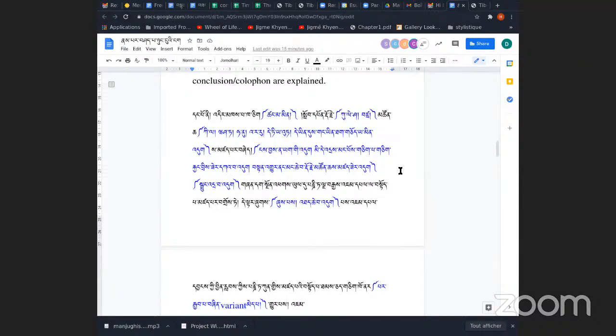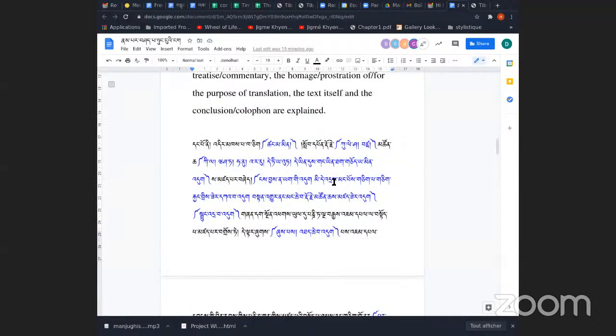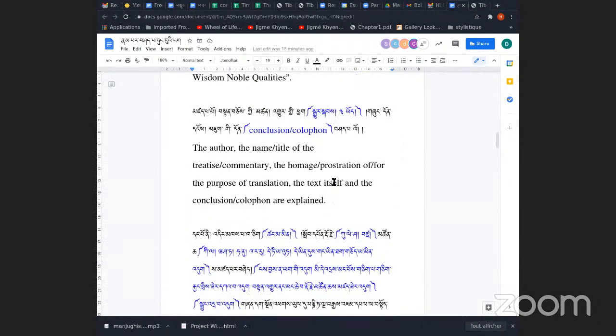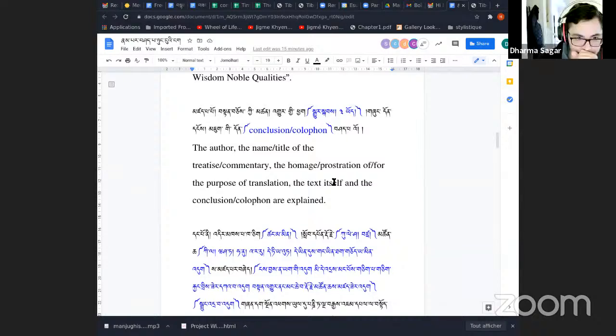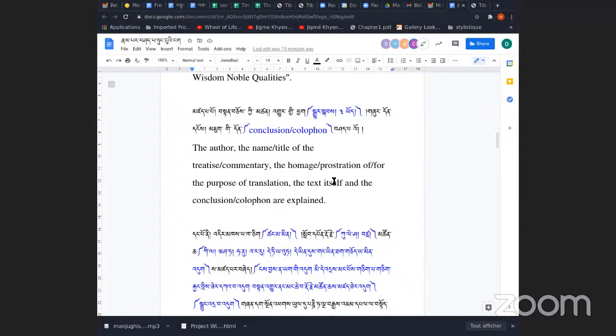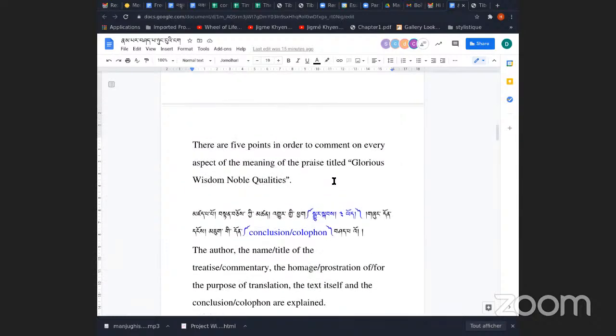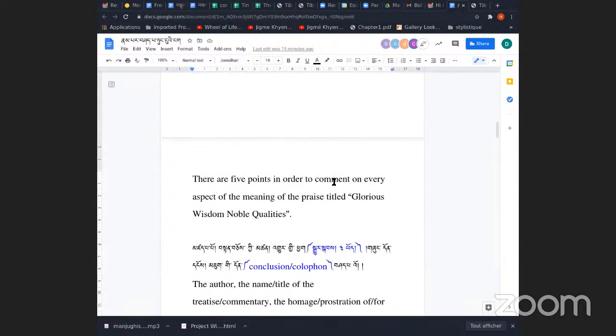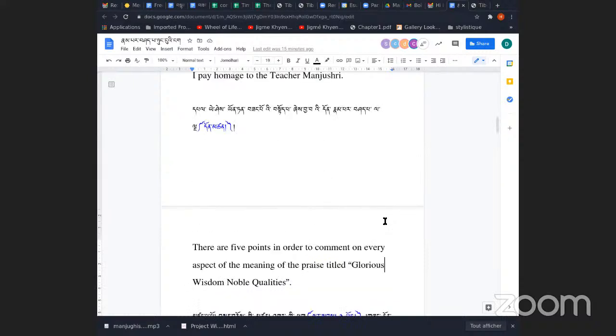So at the beginning you have these sentences: the commentary on the praise of Manjushri called the glorious wisdom. Glorious is an adjective in Tibetan. It can be an adjective or a noun.